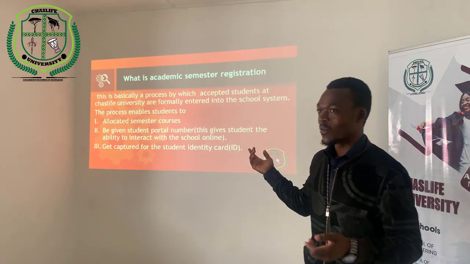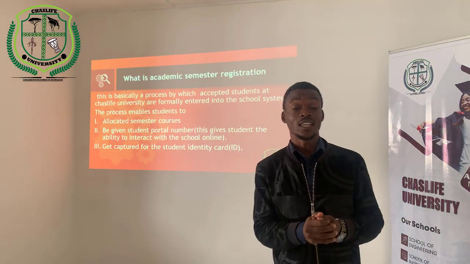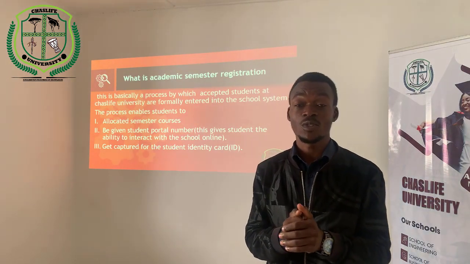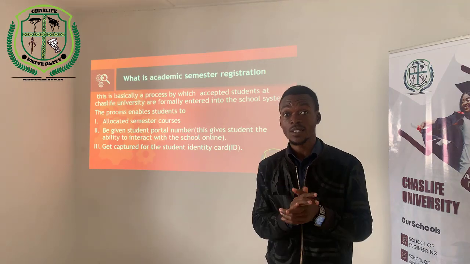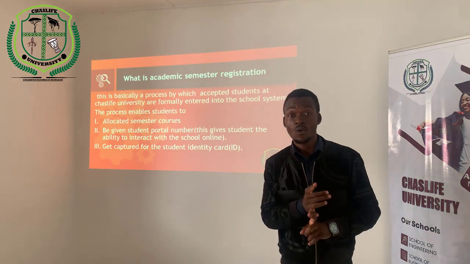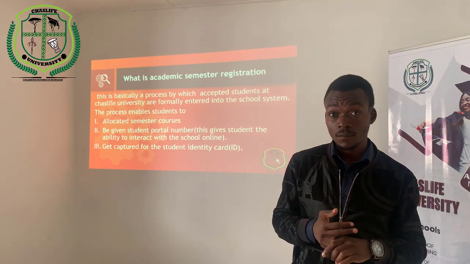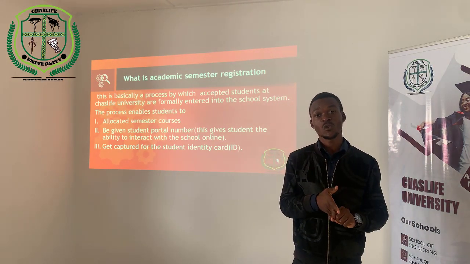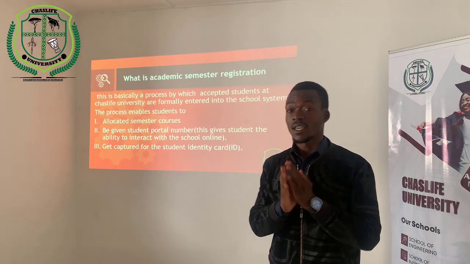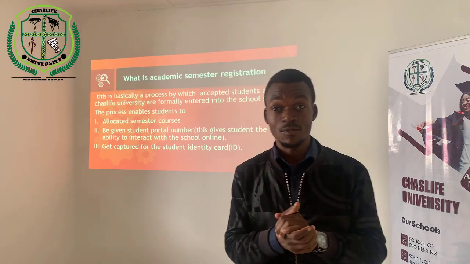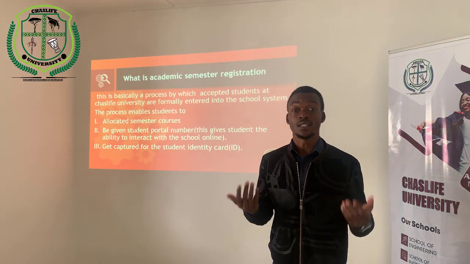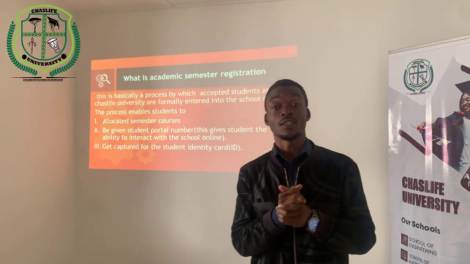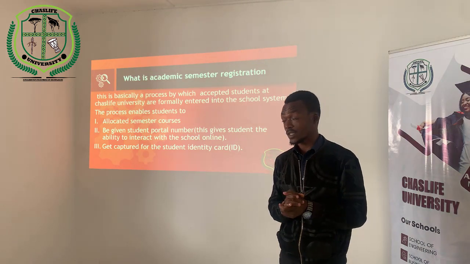And then we're looking at the last phase, which is the ID or the student identity card. So once you complete this process, you'll be given courses, you'll be given a student portal number, and you will also be given a student portal, and you will get to be captured for an ID to symbolize that you've been registered, or you're part and parcel of the students that belong to Chestnut University.